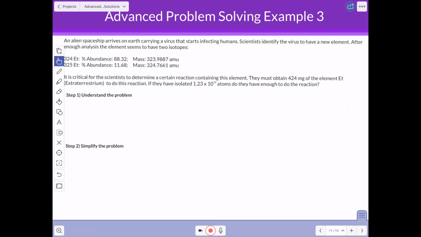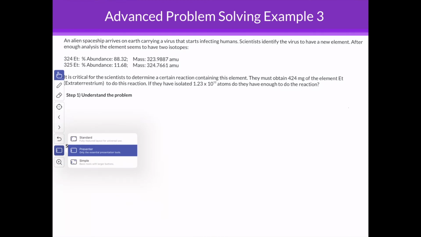So here's the problem. I'll switch to a different view here. An alien spaceship arrives on Earth carrying a virus that starts infecting humans. Scientists identify the virus to have a new element. After enough analysis, the element seems to have 2 isotopes. It's ET324 with a percent abundance of 88.32% and a mass of 323.9887 AMUs.